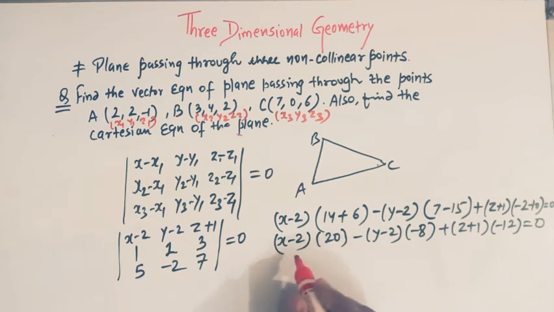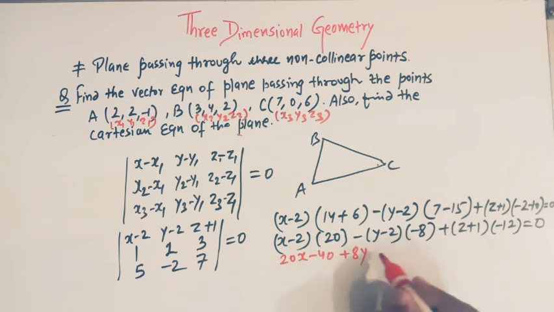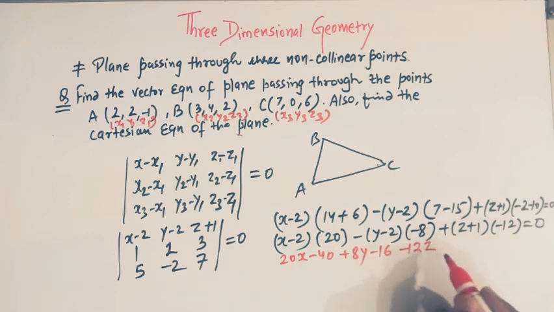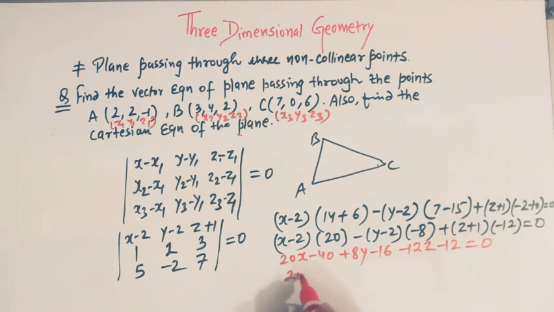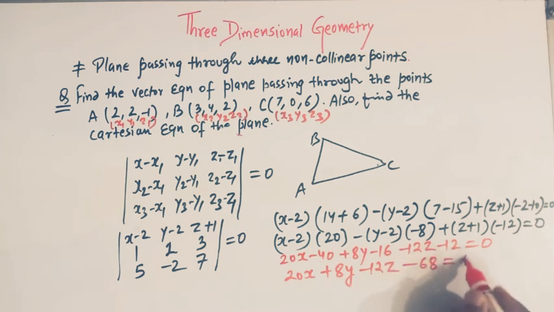Now this is 20x minus 40, this is plus 8y minus 16, and this is minus 12z minus 12, equal to 0. So this is 20x plus 8y minus 12z, and the constant, this is minus 56 and minus 12, that is minus 68, right?